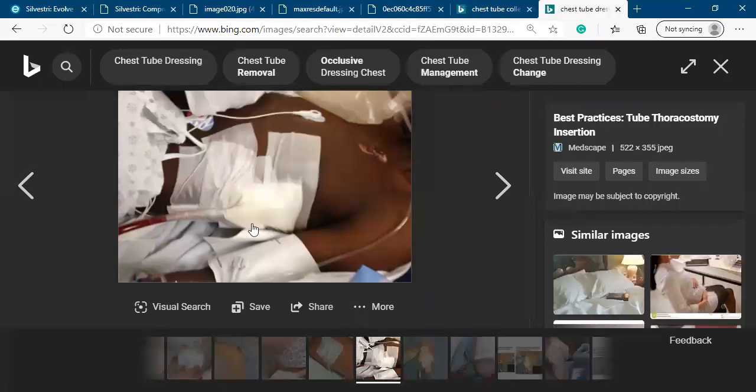In the second picture, this is the dressing. So when we put the chest tube, this is the chest tube channel and this is the incision site. We always have to keep in mind, the client will have an occlusive dressing at the incision site. If we see anything red colored or fluid coming, it indicates leakage here.